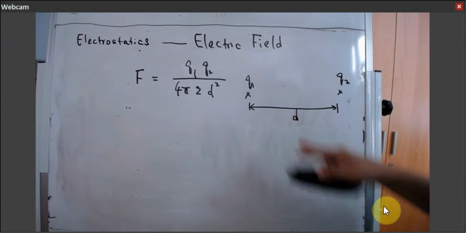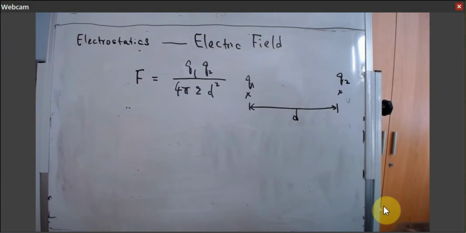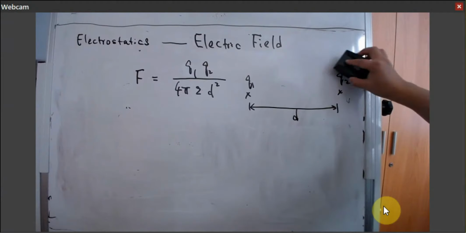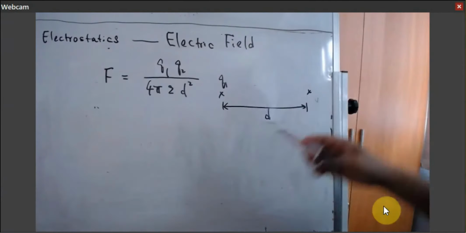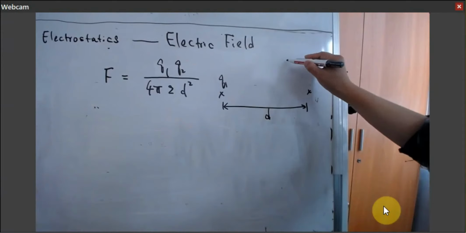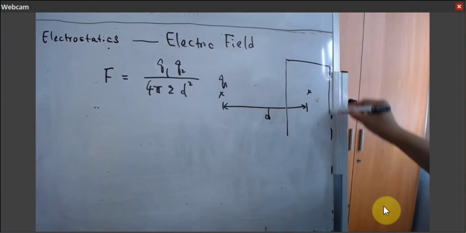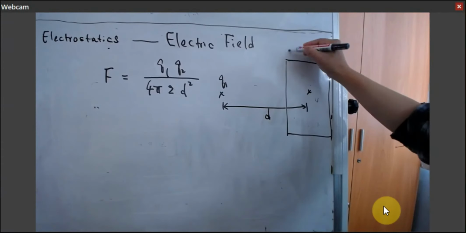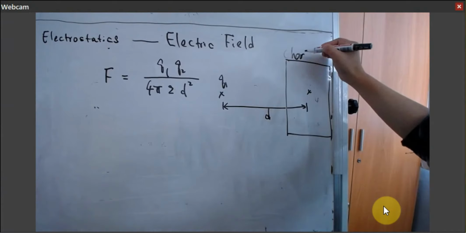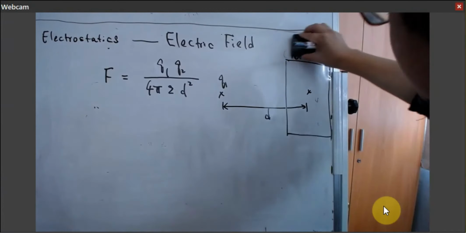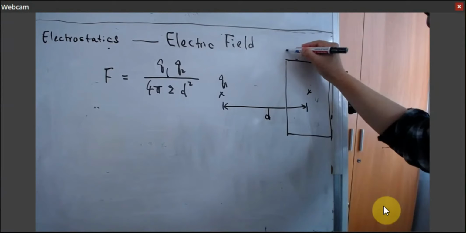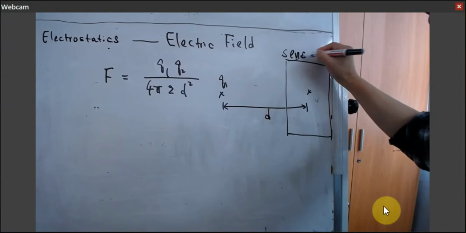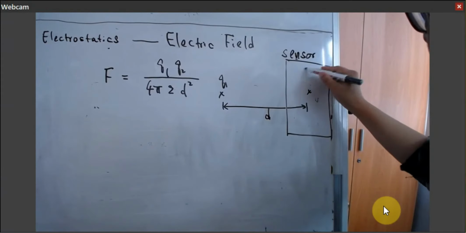We are going to detect the presence of Q1. So we can represent the other one as a sensor, and it contains a big Q.